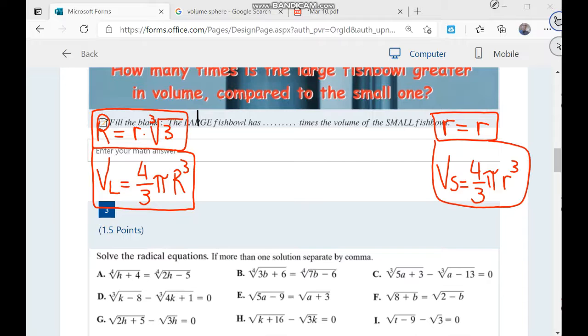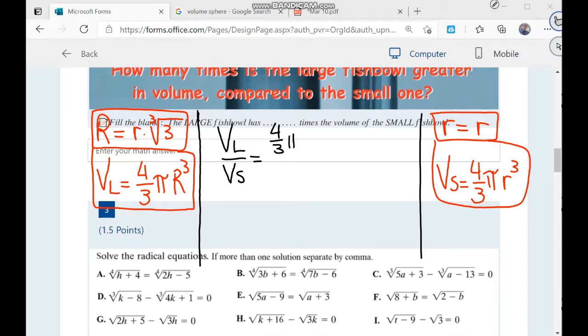What we need to find the answer is to divide the volume of the large one by the volume of the small one, right? Volume of the large over volume of the small. Volume of the large one is 4/3 pi capital R cubed. Volume of the small one is 4/3 pi lowercase r cubed.